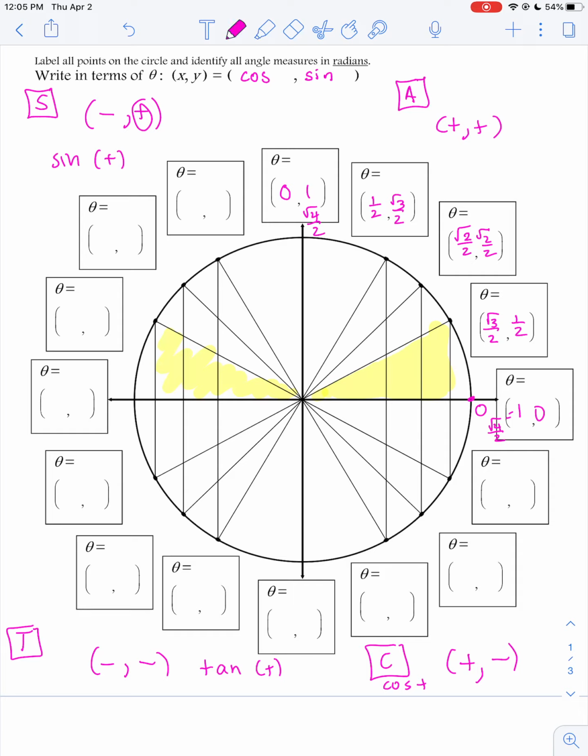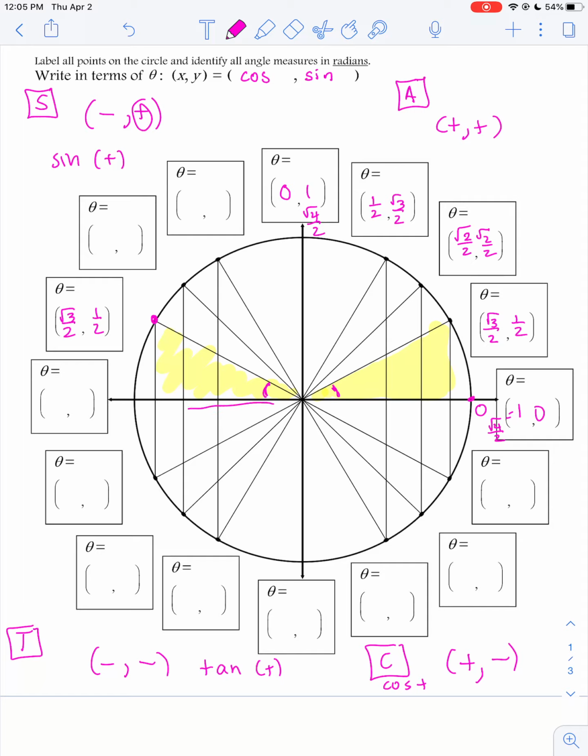So focusing in on that triangle I highlighted, the coordinate point for this angle right here, if I'm doing the same thing as I did over here, then the coordinate points will have the same values for the ratio. So I'd write radical 3 over 2 and 1/2, and then adjust the signs accordingly.